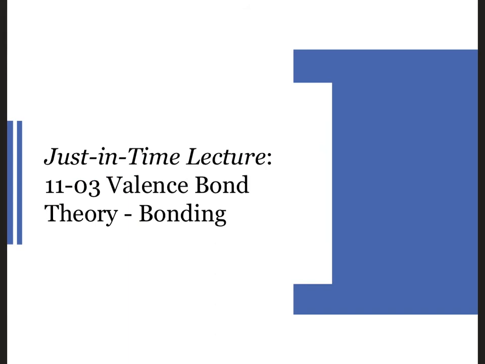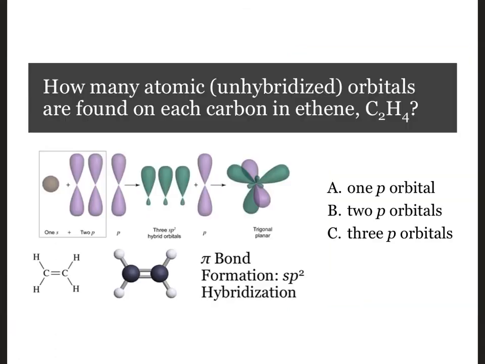All right, so here's the just-in-time lecture for the second playposit over valence bond theory. How many atomic or unhybridized orbitals are found on each carbon in ethene, C2H4? Recall that to make our ethene molecule, we had 3 electron groups, and 3 electron groups require 3 hybridized orbitals.